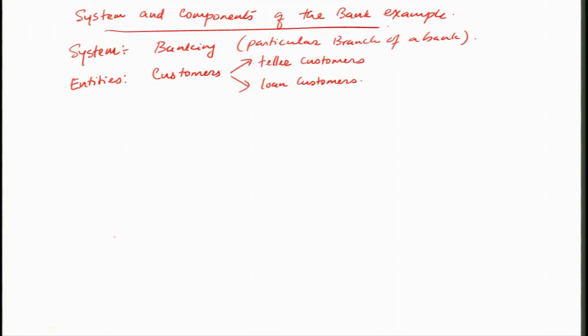Okay. You can think about it that way. So, you have two types of customers in this regard. These are the people who move in the system. Then there are the servers, that will be the bank teller and loan officer.